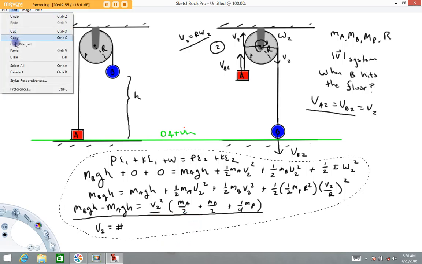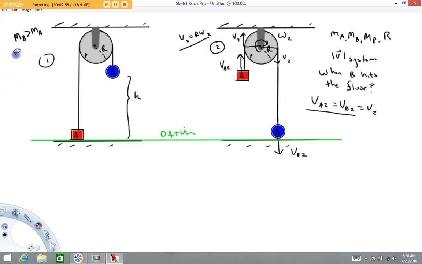We're just going to delete all that. All right, so now again, I want to imagine for a minute that we have V2, known value. Known. All right, so now what can we do with that?